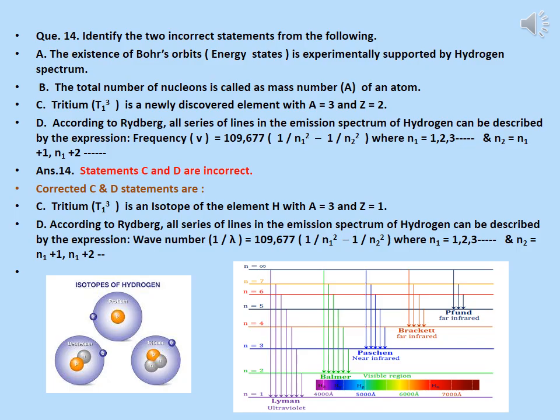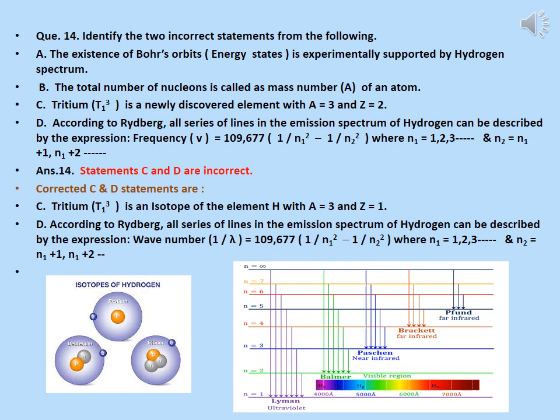And for the tritium isotope, the electron outside in the first energy state is the same, 1. But the nucleus contains 1 proton plus 2 neutrons. So its mass number is 3, but its Z value remains the same as 1.